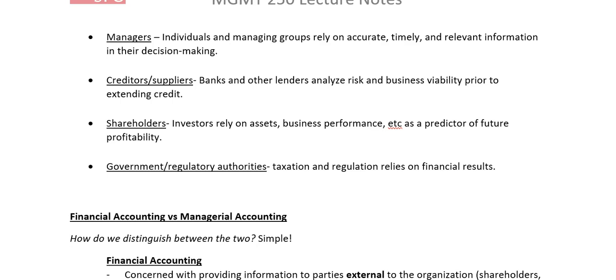Banks and other lenders analyze risk and business viability prior to extending credit. So just imagine if you were a lender, would you not want to see the numbers of a business before you make a loan or even an individual? We want to know, is this individual trustworthy? What's their history? Are they in a profitable business venture? Right? So all these are very important questions.